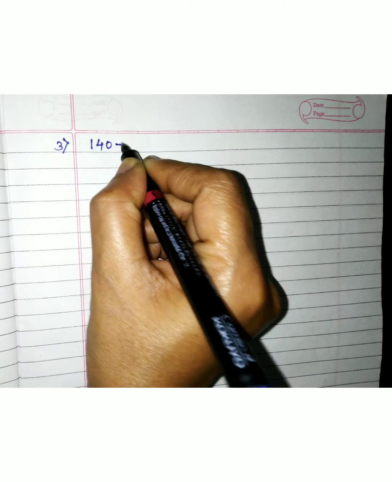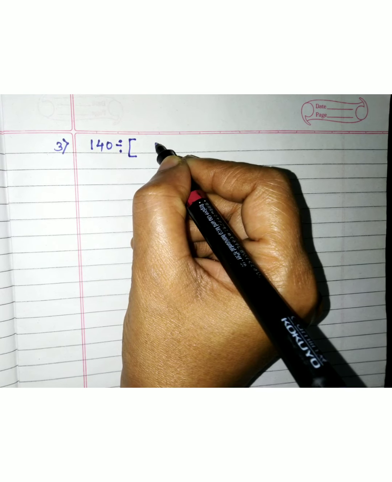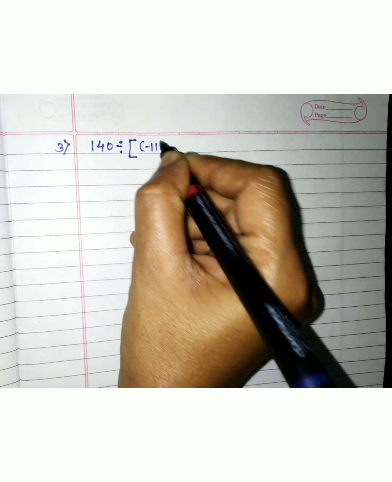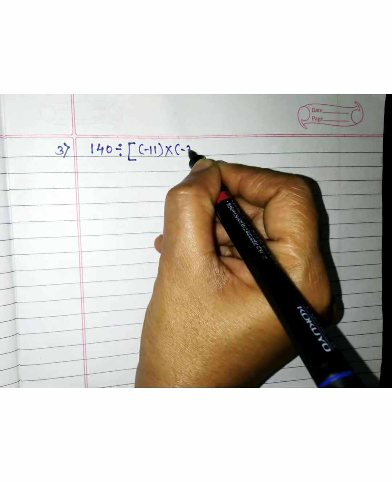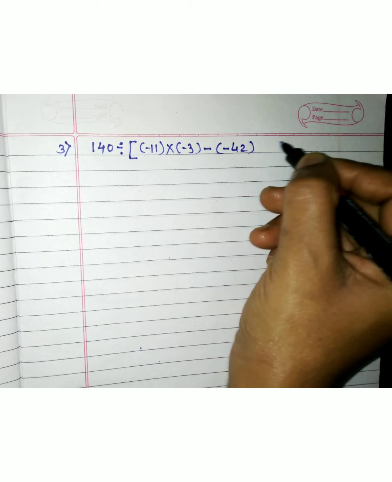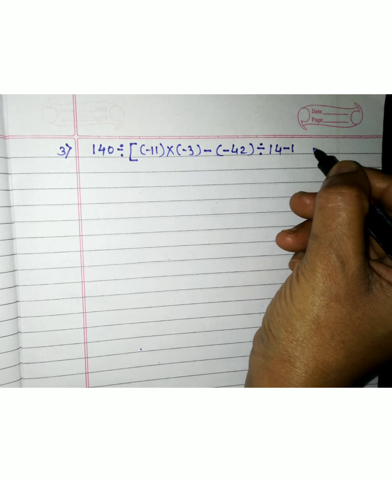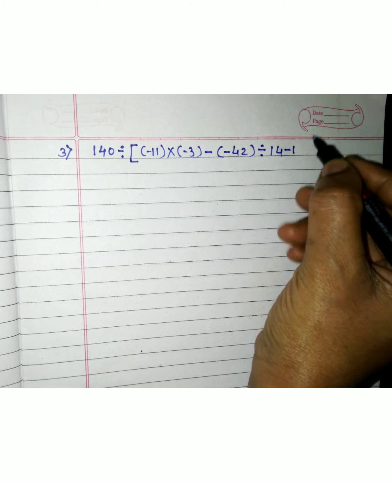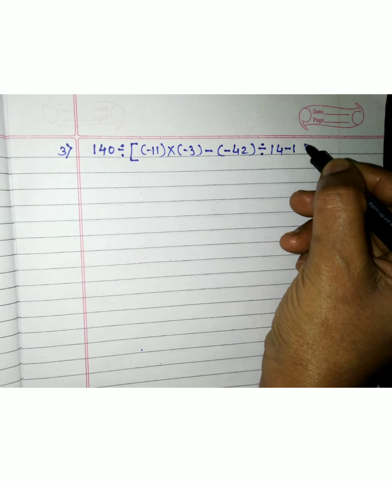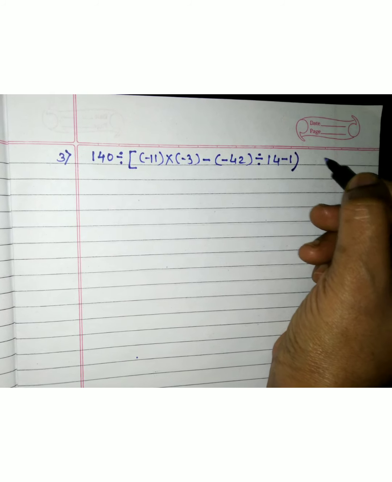Now we will see the third example. 140 divided by, in square bracket, minus 11 multiply minus 3 minus, in bracket, minus 42 divided by 14 minus 1, bracket complete.